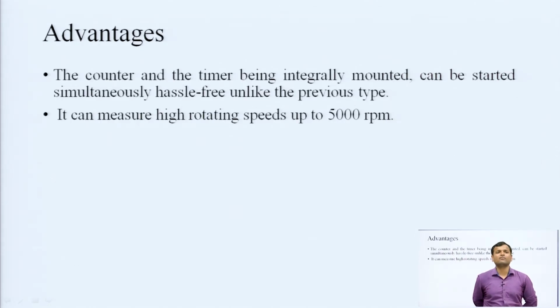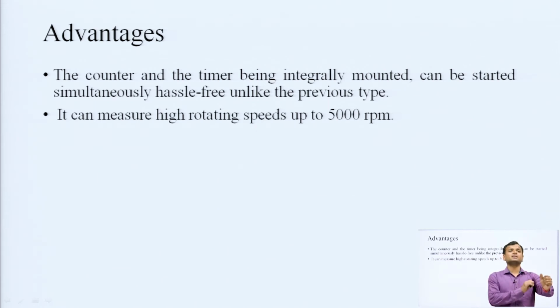Now, there are various advantages of the mechanical revolution counter. First, the counter and the timer are integrally mounted and can be started simultaneously, hassle free, unlike the previous type.